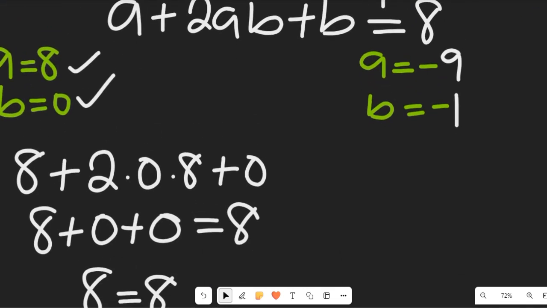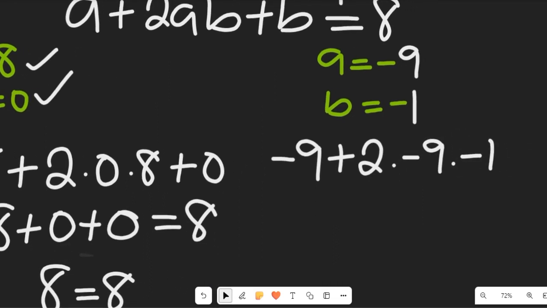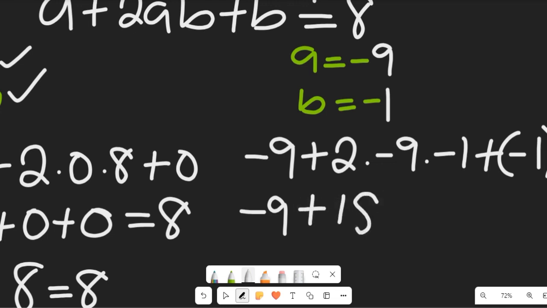While on this side, if we insert that into the expression, remember the expression is a plus 2ab plus b, we have our a to be negative 9 plus 2 multiplied by negative 9 multiplied by negative 1 plus b, which is negative 1. So negative 9 times negative 1 will give us plus 9, times 2, that's 18.